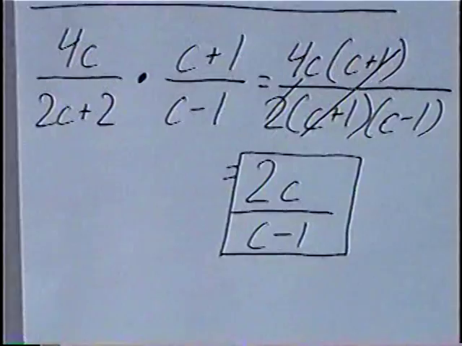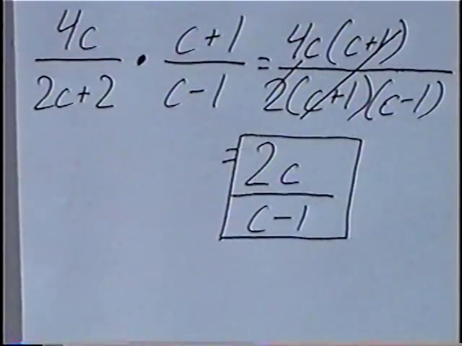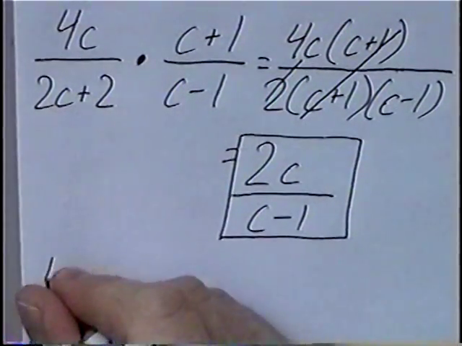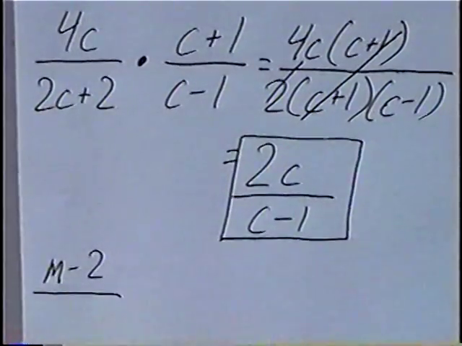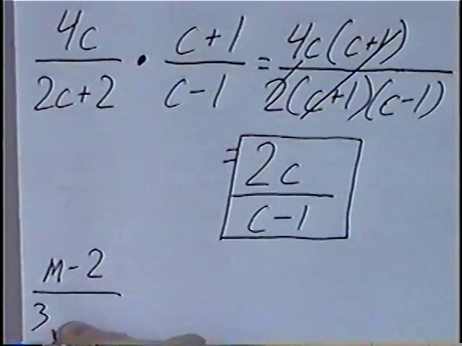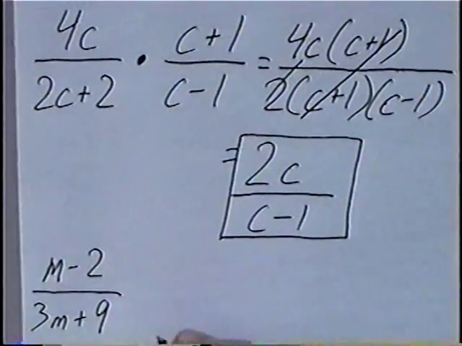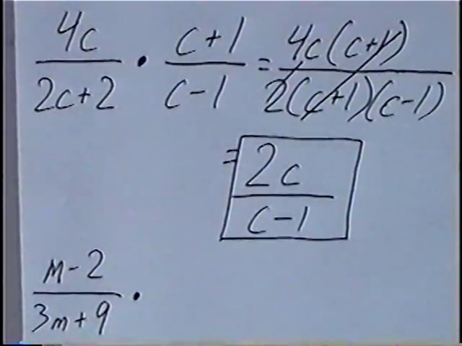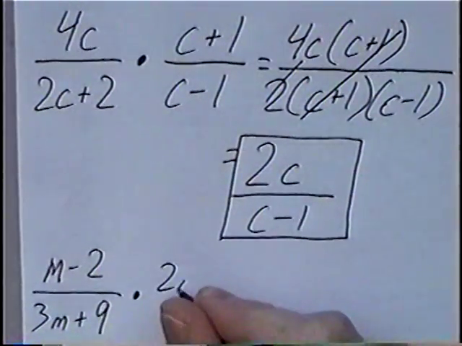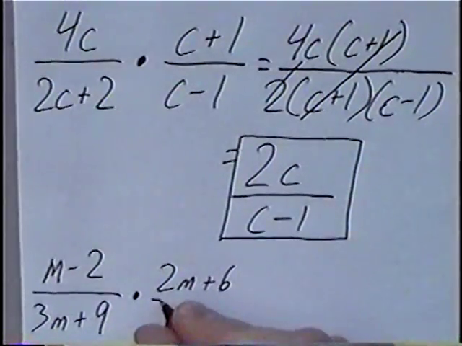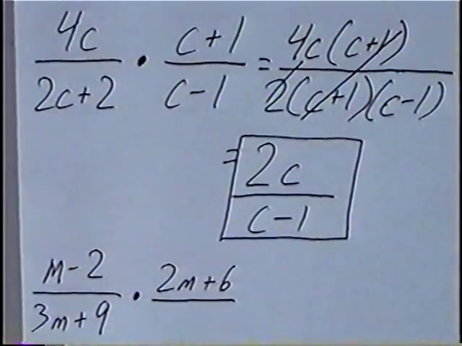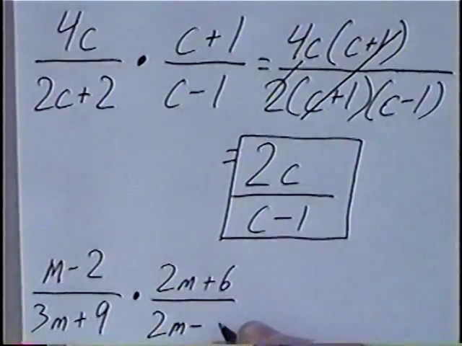Second question, and last question for the section. First fraction is m minus 2 over 3m plus 9. Multiplied by a second fraction, 2m plus 6 divided by 2m minus 4.